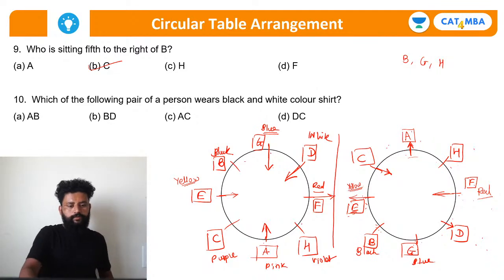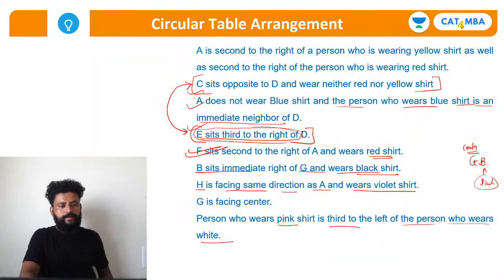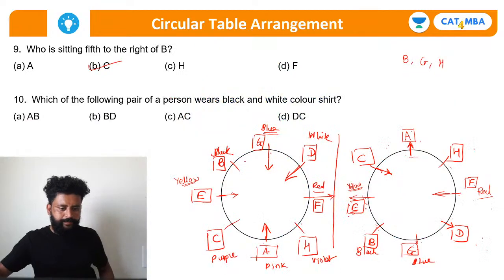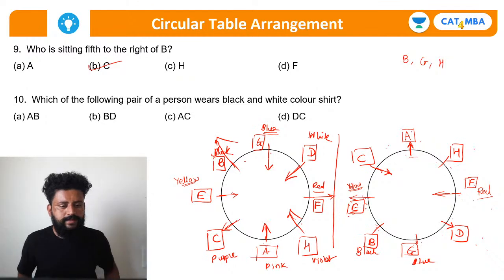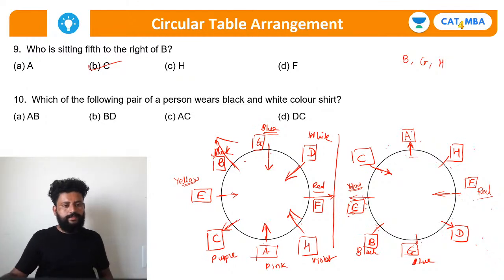One more thing we have is that H is facing the same direction as A. All others are not the possibility you can go for. This will be the correct possibility. So the person sitting fifth to the right of B, we want to find, is H.